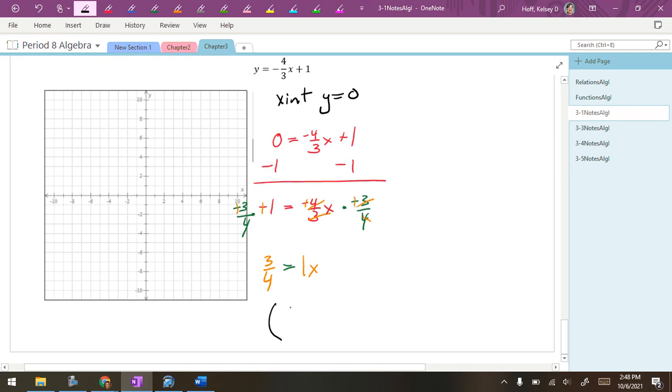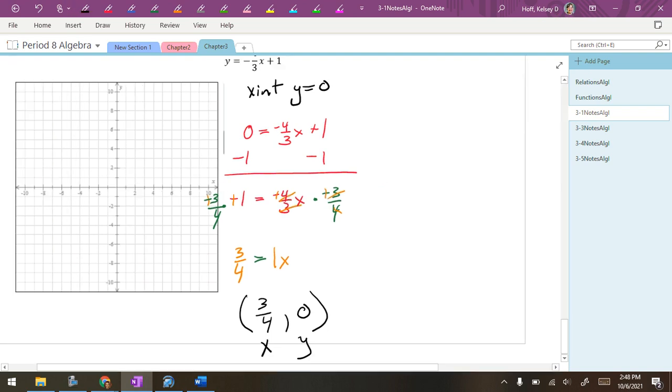Still a decimal. 3 and 4. 3/4, comma, 0. My x was 3/4, my y is 0. Ooh, no decimals. No decimals. Okay.